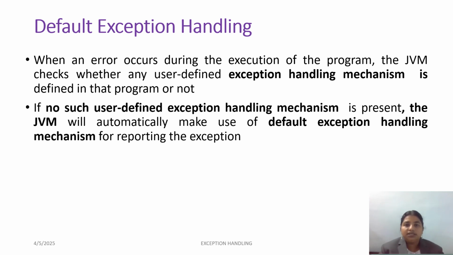When an error occurs during the execution of the program, the Java virtual machine checks whether any user-defined exception handling code is defined in that program or not. If no such code is present, then the JVM will automatically make use of the default exception handling mechanism and report the exception.